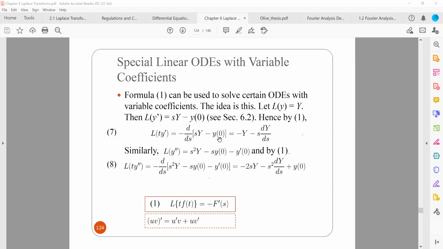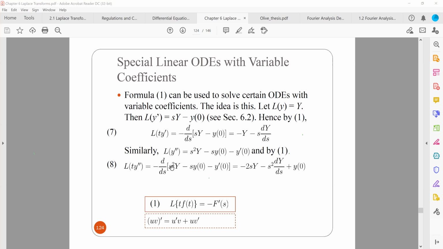This is a constant, so when you differentiate, it goes to 0. Here, because you have s and Y, you use the chain rule. You first differentiate s and you get 1, which is the Y here, and then you differentiate Y with respect to s. That's why you end up with s dY/ds. The minus then comes in and they're both negative. Same thing here. We know what this is, but once you put t before it, you have to differentiate everything and you end up with what you have here. I hope it makes sense.